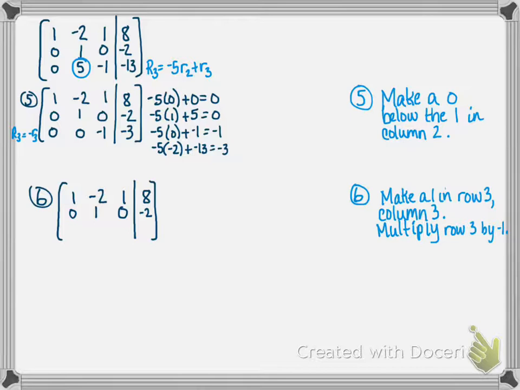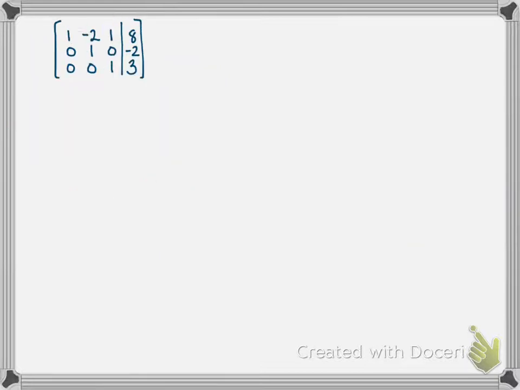Row 3 we get by multiplying our old elements by -1. So -1 times 0 stays 0. -1 times 0 stays 0. -1 times -1 makes a +1. -1 times -3 gives us a +3. So here is our row echelon form matrix: 1, -2, 1, 8, 0, 1, 0, -2, 0, 0, 1, 3.